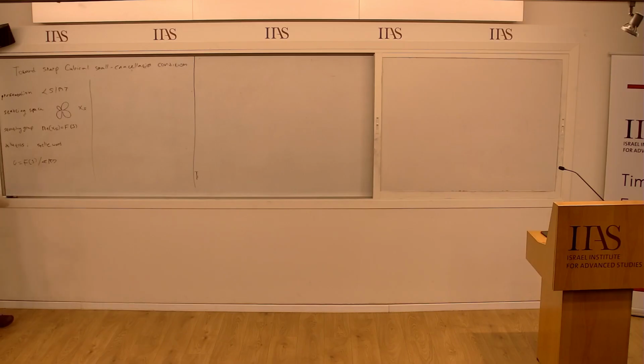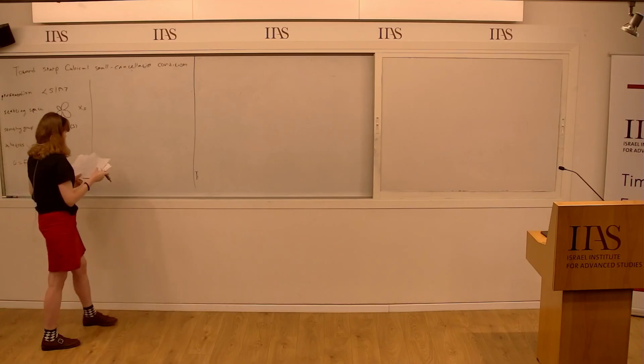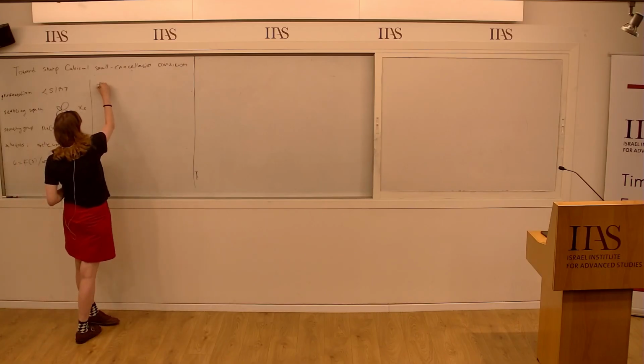Okay, now the point of small cancellation is to measure overlaps between relators. So we want to define a piece, which is the concept of overlapping. So what's a piece?